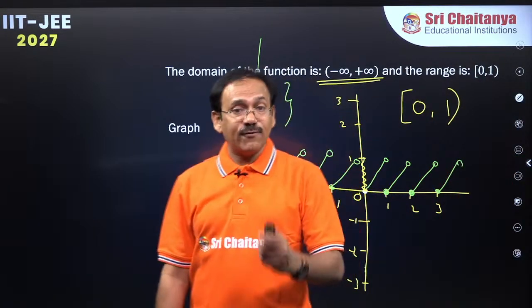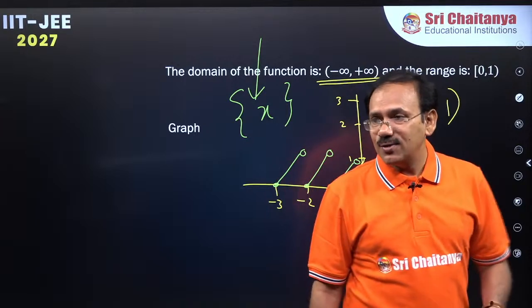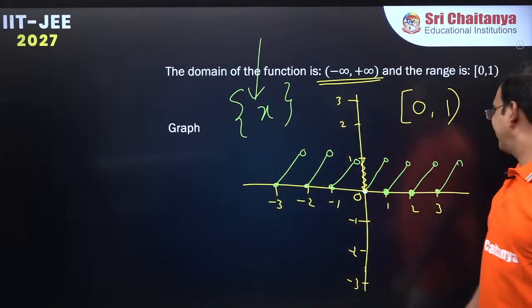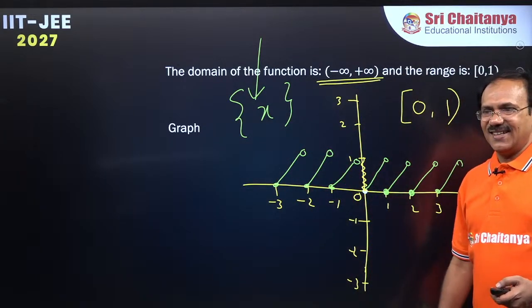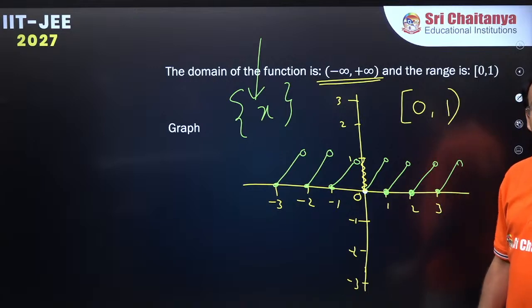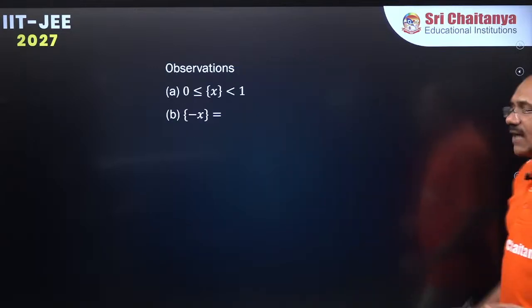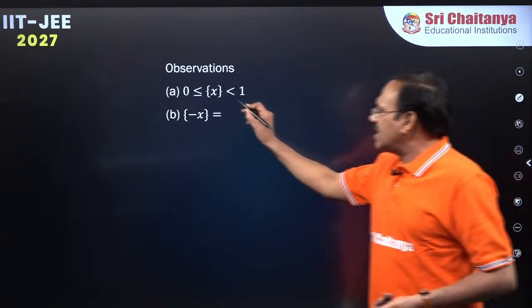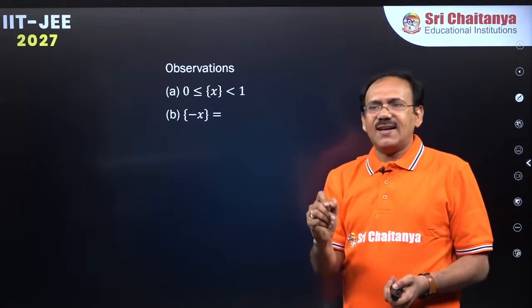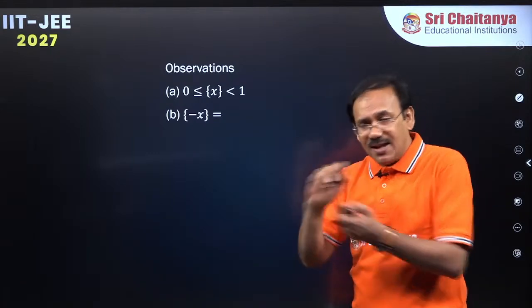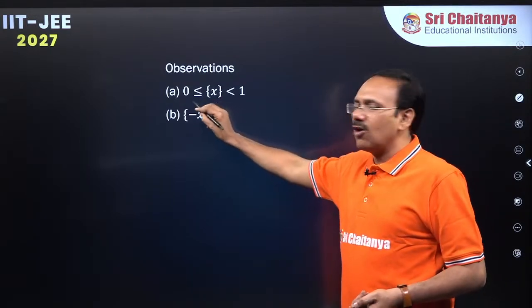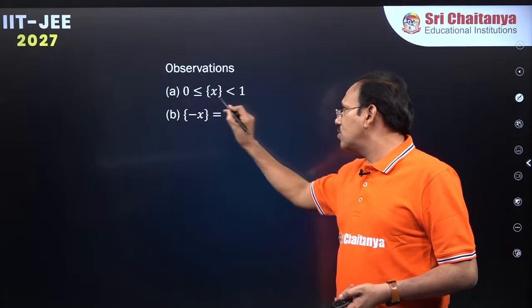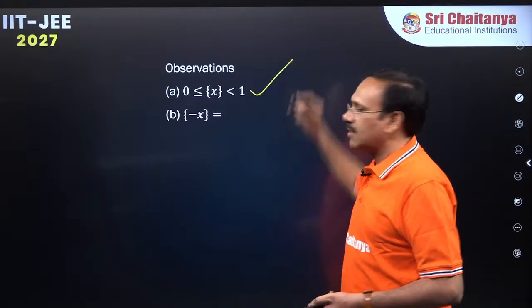Do remember. Next, the observation is that the fractional part of any real number is always from closed 0 to open 1. This is the first observation.